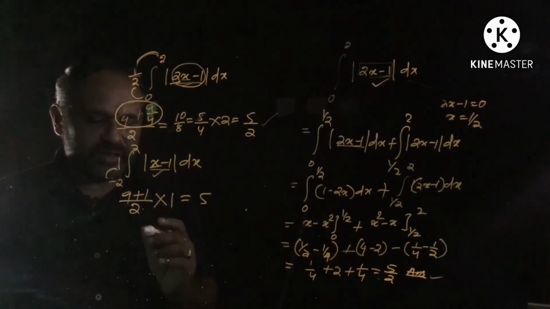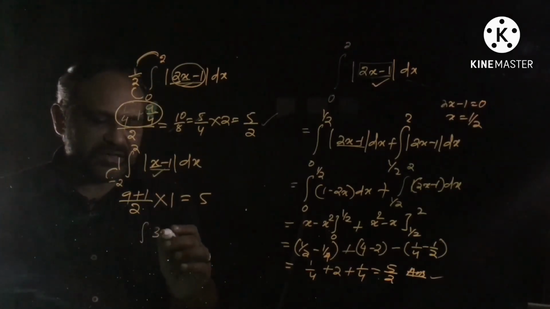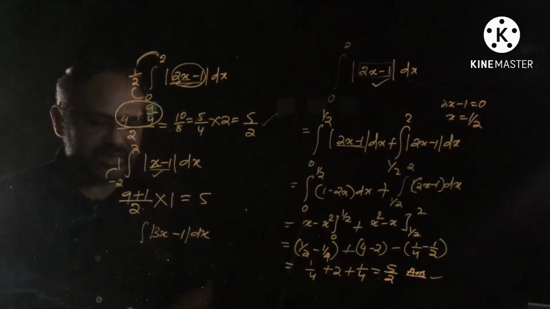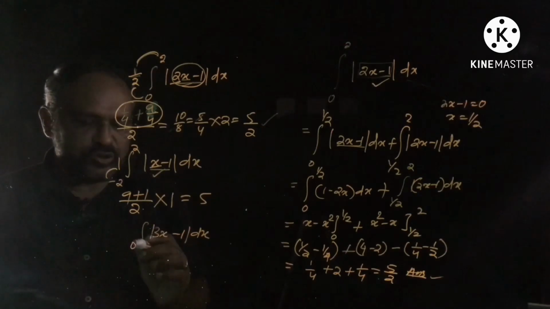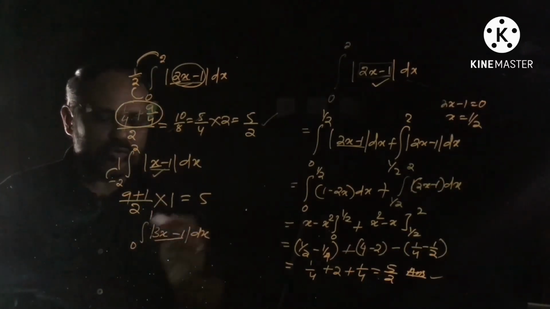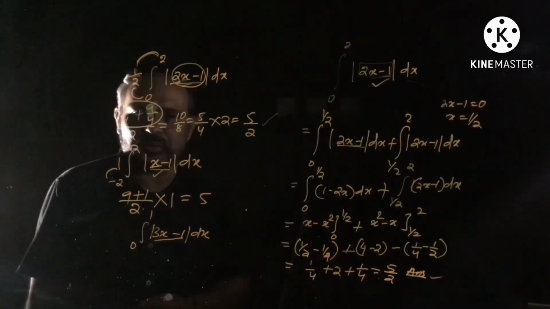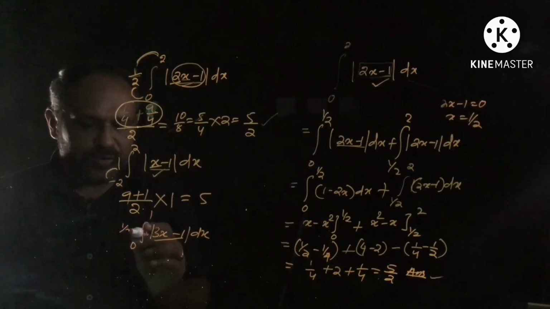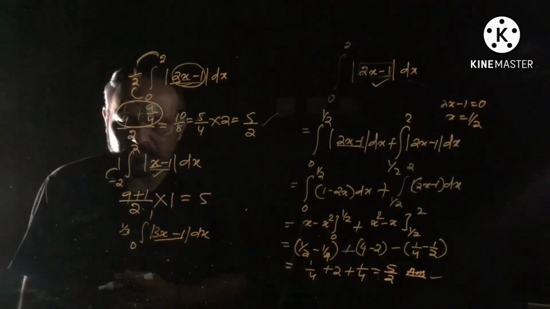If we consider another one, integration from 0 to 1 of mod of 3x minus 1 dx. Now find out the value where 3x minus 1 is equal to 0. 3x minus 1 is equal to 0 if we take x is equal to 1 by 3.